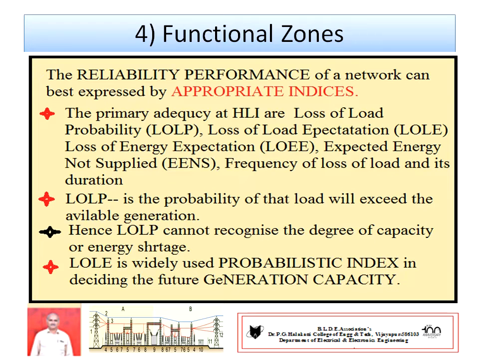Now we have to discuss how reliability performance is linked with these functional zones. The reliability performance of a network can be expressed by appropriate indices. These indices represent the reliability level or reliability performance that planners use.